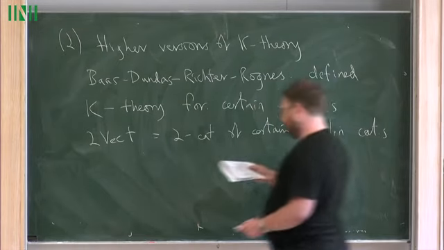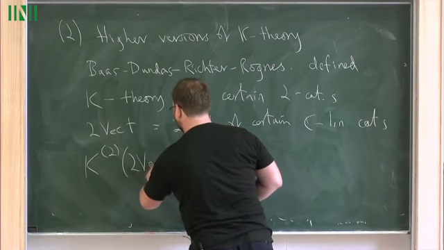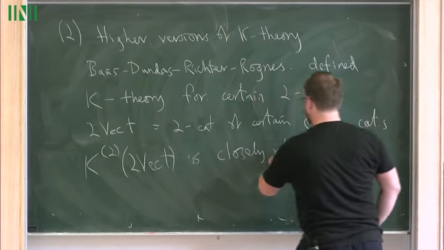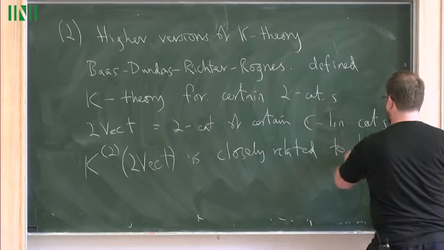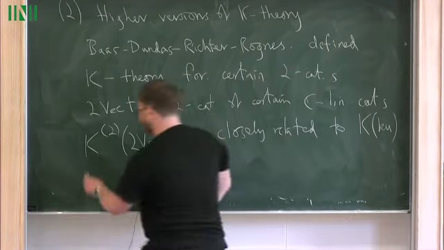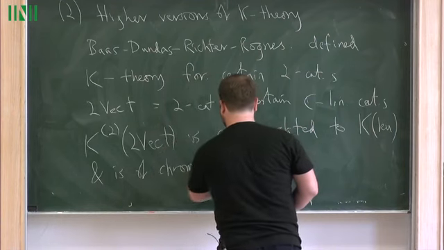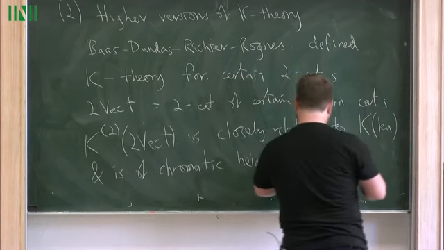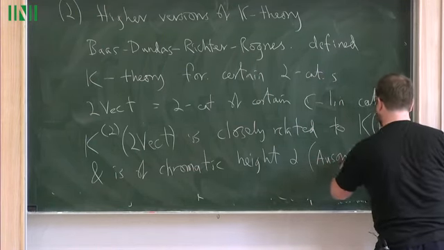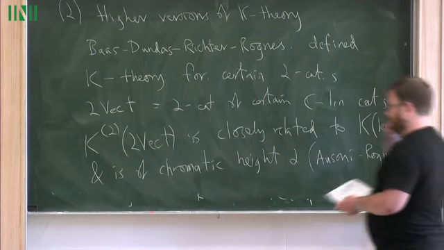And then they showed that if you took this 2-categorical K-theory of this 2-category, you get something that's closely related to K of ku and is of chromatic height 2. Well, I guess the chromatic height is really due to the computation of Stonek and Rognes.